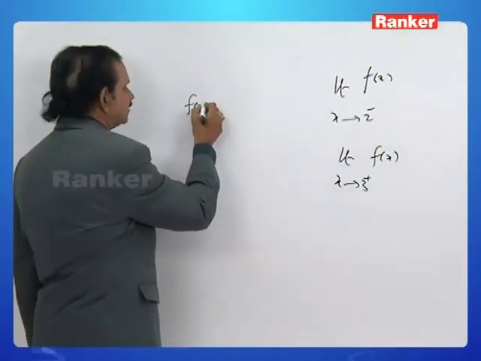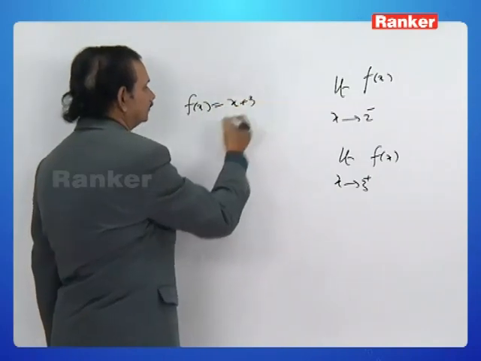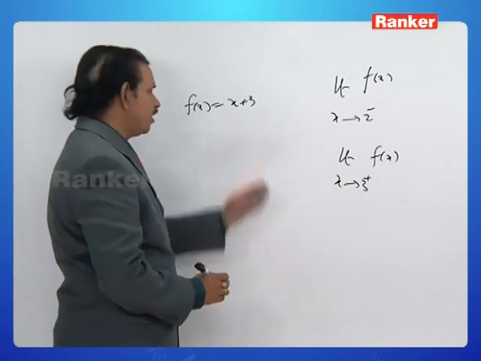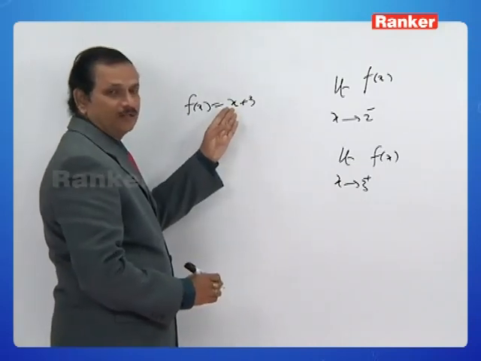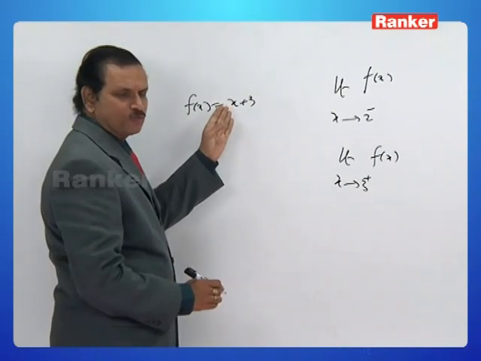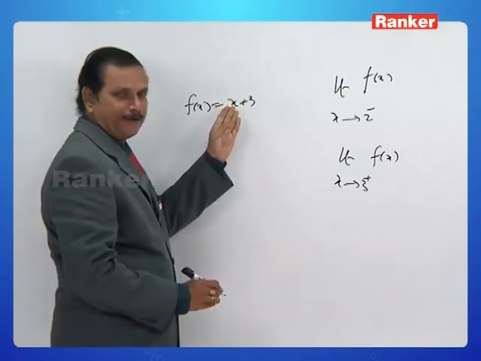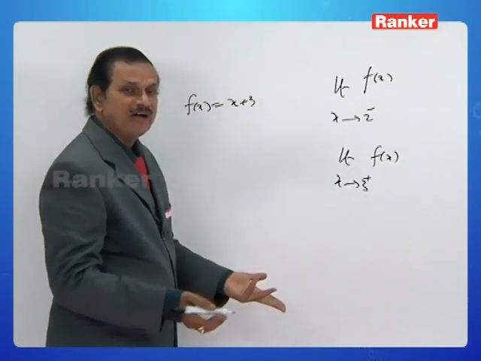Suppose f of x is equal to x plus 3. X tends to 2 from left, do you imagine? Then what is the exact value here? X tends to 2 from left means the exact value is 1.99999, total is 4.9999, approximate value is 5.